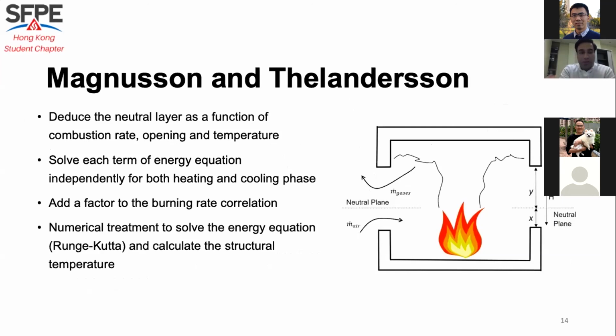First they calculated where the neutral plane in the opening is, so they could calculate how much gas is leaving and how much air is coming in. The neutral plane is where the pressure is 0, and they calculated it using the simple Bernoulli equations. Using this, they were able to produce some factors from different experiments and modify the correlation which I presented earlier.